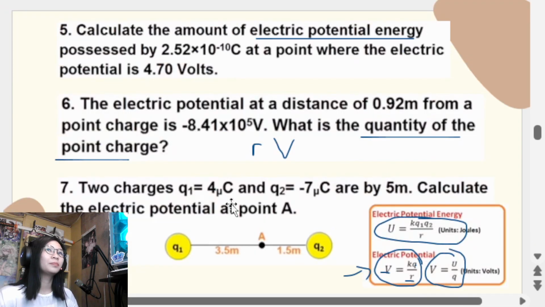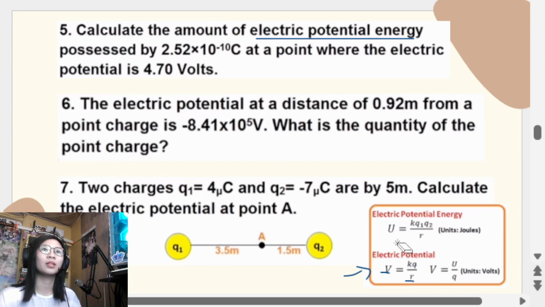Oh, wait, sorry. Now, let's go to number 7. We have two charges, charge 1 and charge 2.